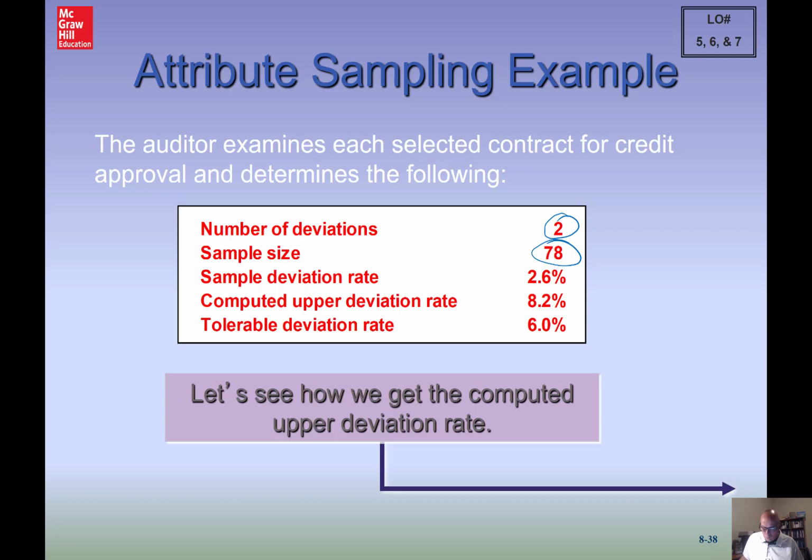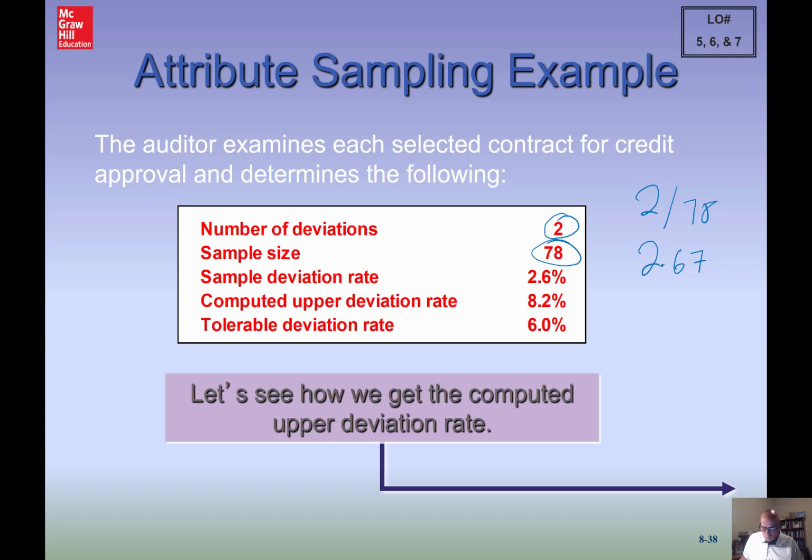So what happens? We take that 2 and we divide it by 78, okay? And when you do, you get something like 2.67. They've only rounded it to 2.6, but anyway, you get this 2.6.